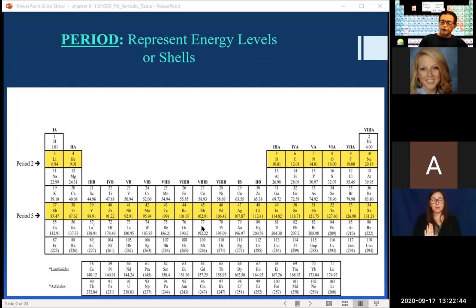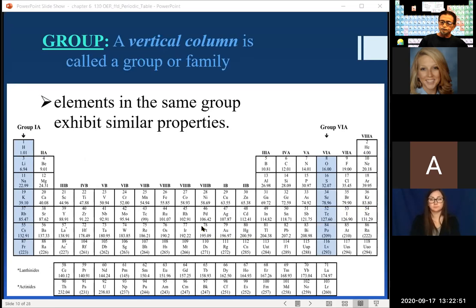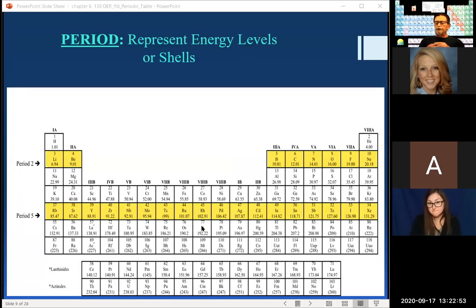Okay, so here's again the period, again with respect to the energy level. Okay, so you can already probably make a prediction just based on what we talked about. If I had to make a conclusion, who do you think will be bigger in size diameter-wise, lithium or potassium?